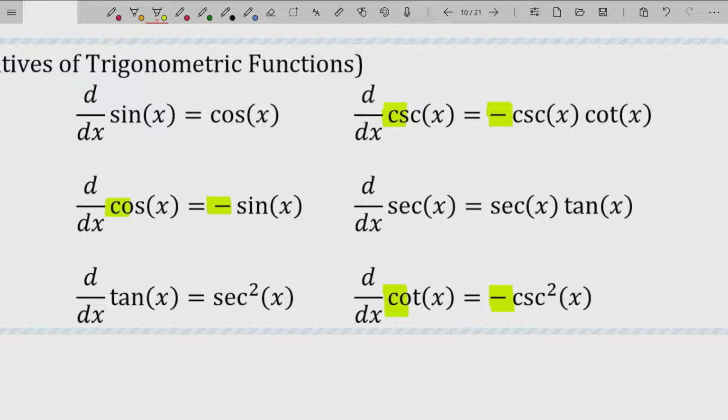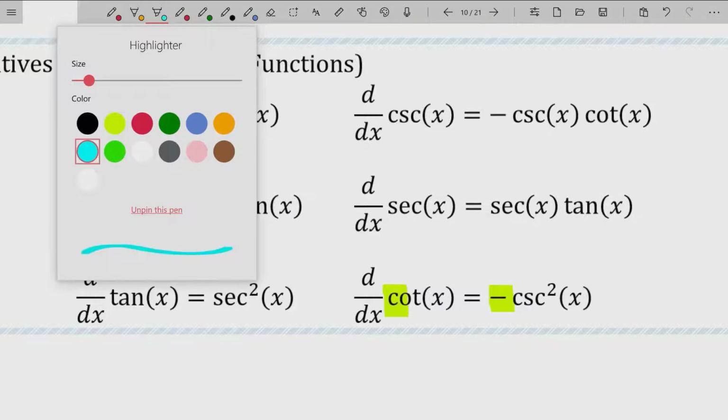Now, to be clear, just in case there's a professor watching this, all trig functions are co-functions. I totally get it. However, what I really mean when I say a co-function is that the trigonometric function you're talking about starts with co: cosine, cosecant, cotangent. Okay? So that's a good pattern. Also, look at these guys right here. I'm going to use a different highlighter for this.